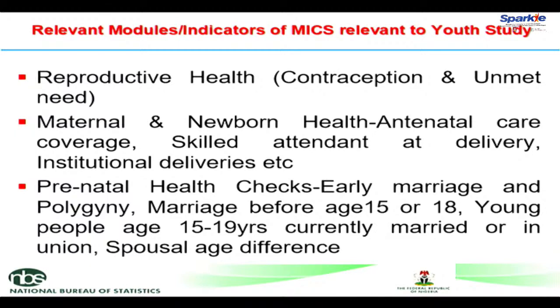So if you're going to be doing research around that, very soon some of those data will be made available. So prenatal health check, early marriage, polygamy, marriage before age 15 and 18, young people aged 15 to 19 currently married or in union.